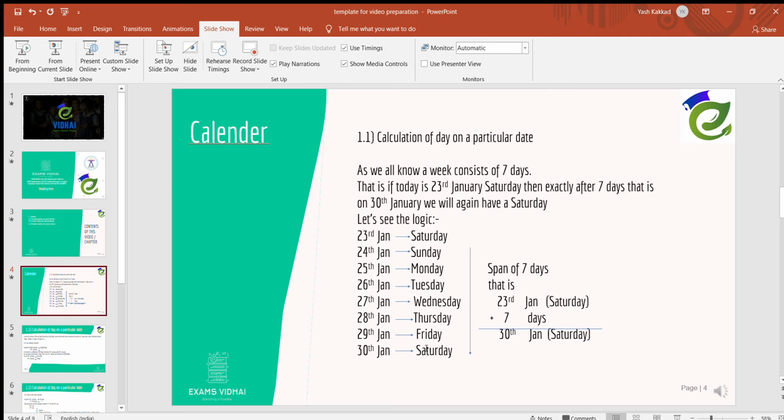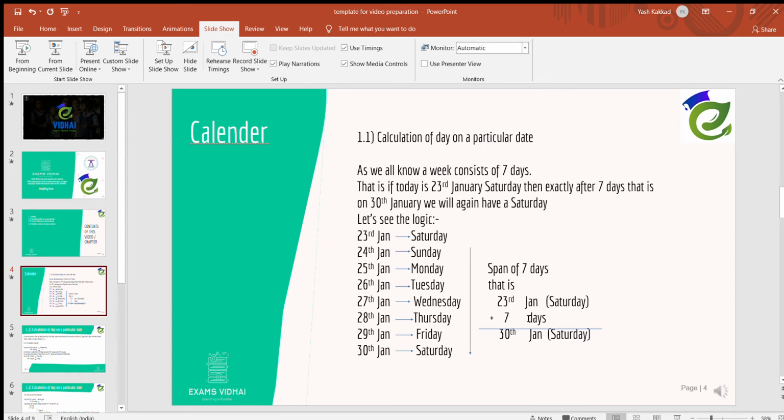So we could infer from this that after a period of every 7, 14, 21, 28 days, we would get the same day on any particular date. That is, if 23rd of January is Saturday, then exactly after 7 days, that is on 30th January, I would get Saturday.